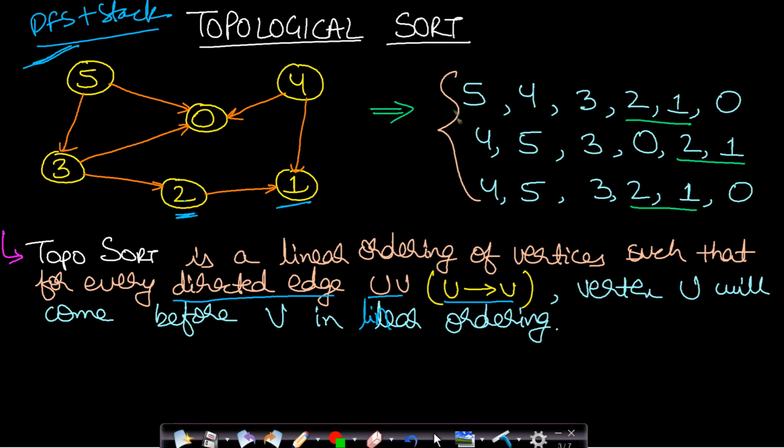Therefore, no matter what topological sort ordering you take, 2 will always occur before 1. So this is one topological sort ordering. The second ordering has 2 before 1. The third ordering also has 2 before 1. So if there is an edge from u to v, then u will always come before v. This is the logic for topological sort.